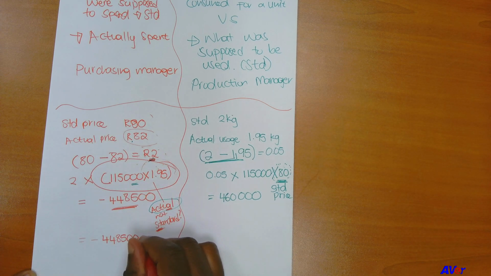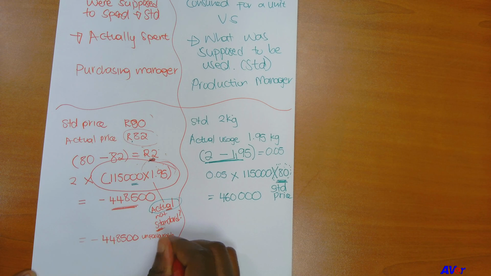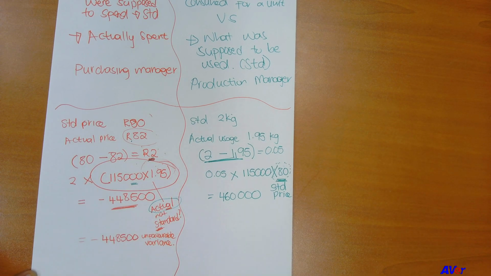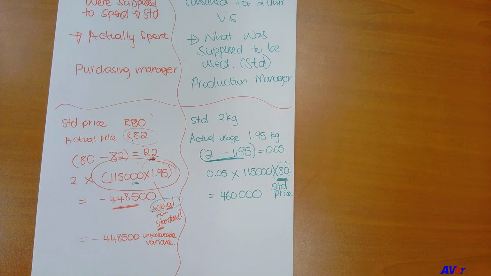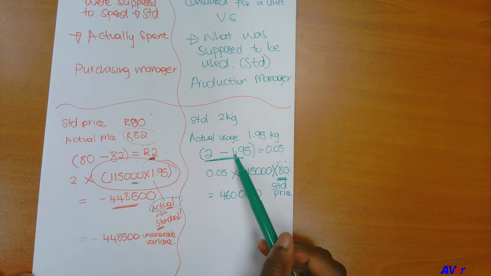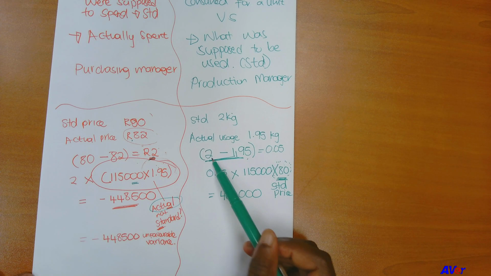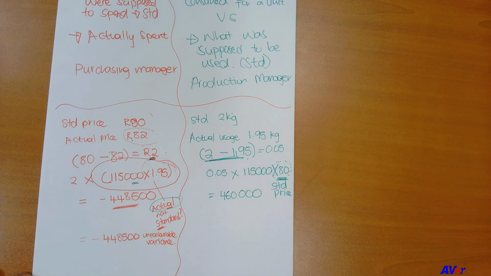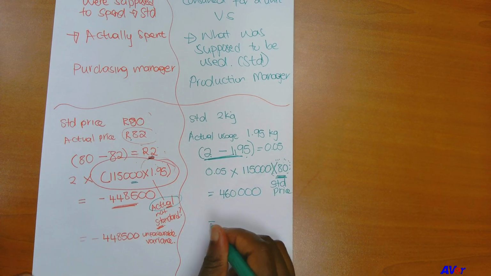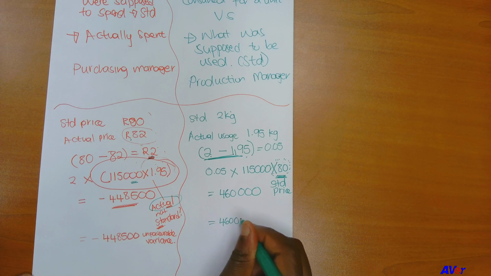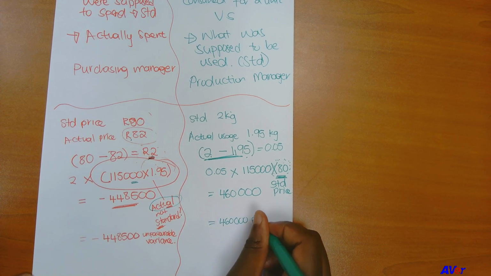Therefore, that is an unfavorable variance. Okay? And if you look on the other side, we used material, for material A, 1.95 kgs per unit instead of 2 kgs per unit. We therefore had a saving, and that makes this variance a favorable variance.